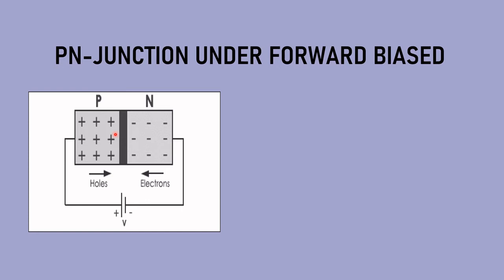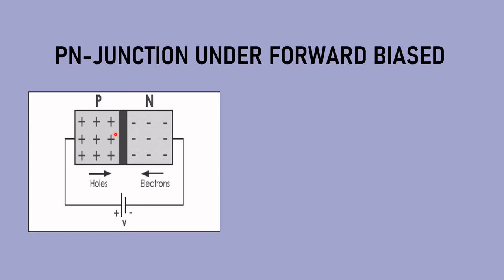So what are the minority carriers doing? The resulting minority carriers, that means electrons from the p-type material to the n-type material and holes from the n-type material to the p-type material, have not changed in magnitude, because the conduction level is controlled primarily by the limited number of impurities in the material.